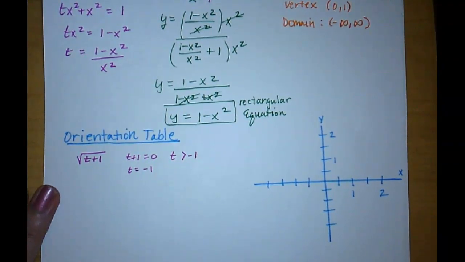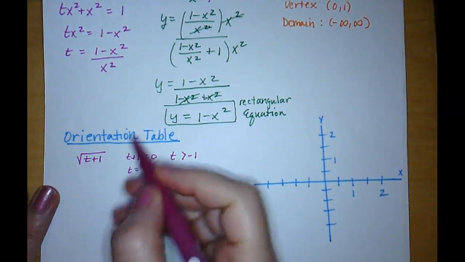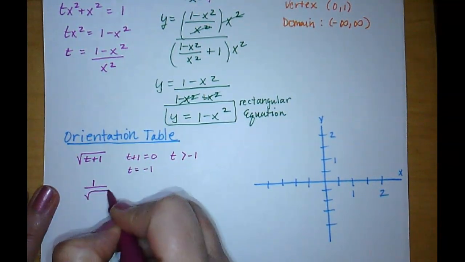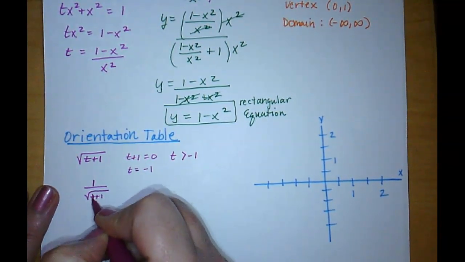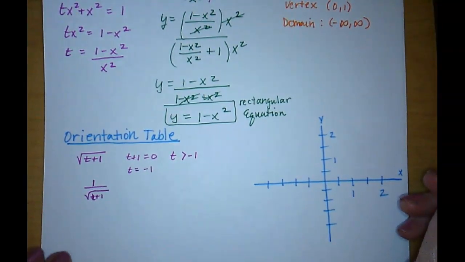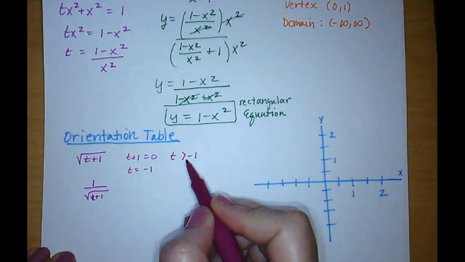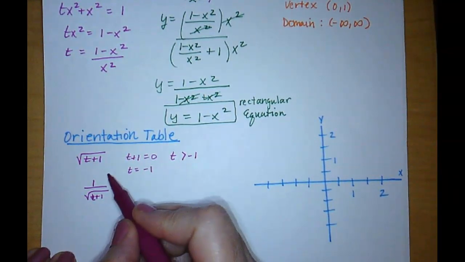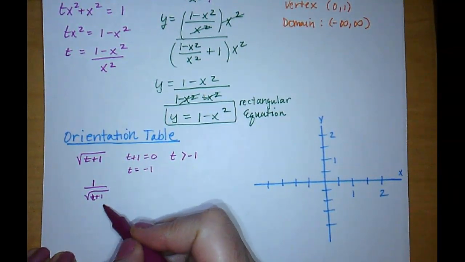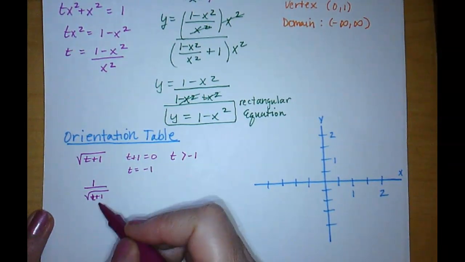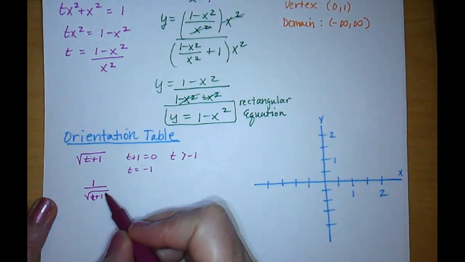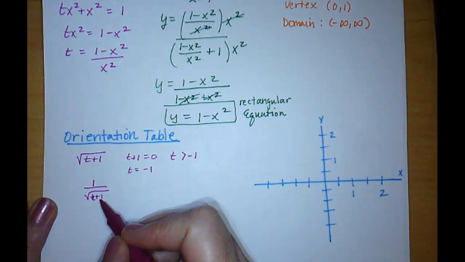Which is great, except it's not just the square root of that, it's 1 over the square root of that. So we have to refine that a little bit more, because since the square root is in the bottom, yes, I can actually take the square root of 0, but I can't take the square root of 0 when it's in the denominator of my fraction. So I have to further limit this because I need to know what would make the denominator 0.